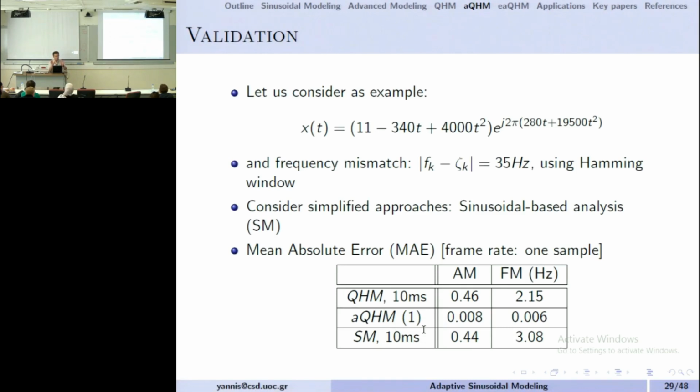When we have the AM and the FM part, we can sample it at the frequencies, the number of frequencies that are used in the sinusoidal model. So at the end, when you do the synthesis part, you will use as many parameters as the standard sinusoidal model. But these parameters are enhanced, estimated through this procedure.